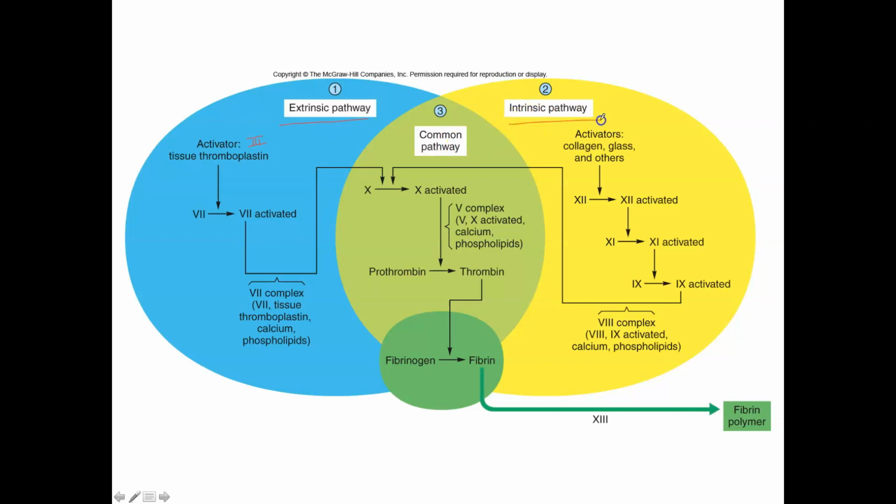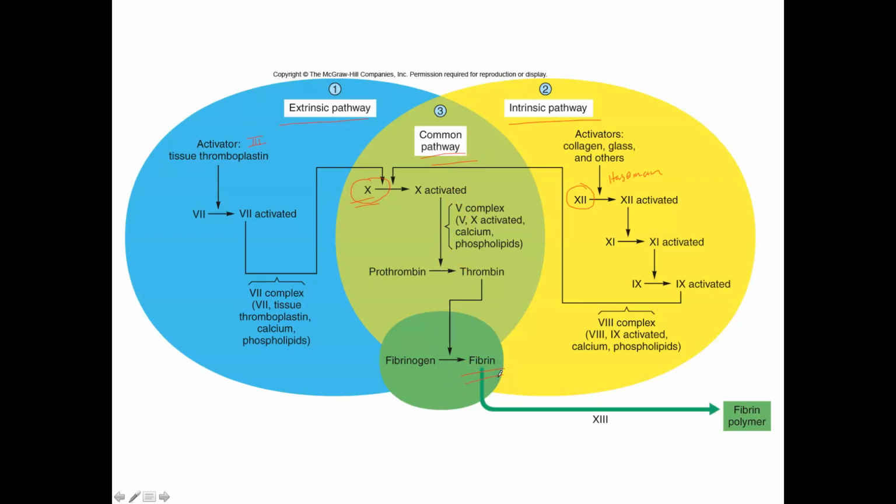And then this is the intrinsic pathway on this side. So this is starting with factor 12, which is the Hageman factor. And then notice that both pathways lead to the activation of factor 10. So factor 10 is that Stuart-Prower factor, which is the beginning of the common pathway. So extrinsic, intrinsic lead us to common pathway. Common pathway leads us to the production of fibrin.